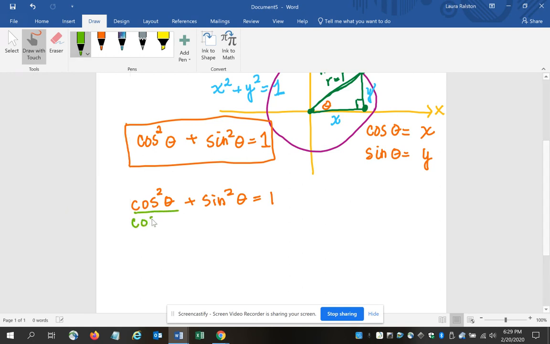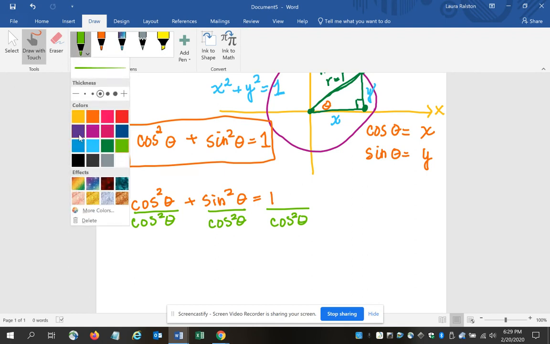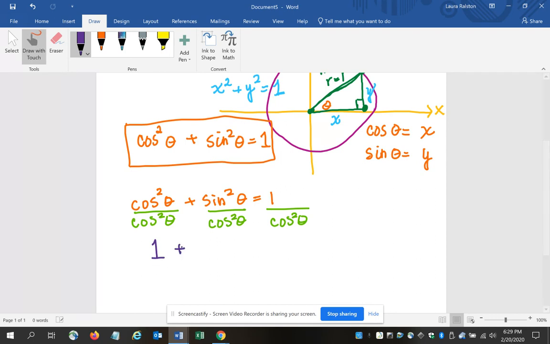So I have cosine squared theta over cosine squared theta, plus sine squared theta over cosine squared theta, equals 1 over cosine squared theta. If I simplify those, cosine squared over cosine squared is 1. Sine divided by cosine is the definition of tangent, so that's tangent squared, equals 1 over cosine squared, which is the reciprocal, and that's the reciprocal for secant. So that gets us the second one.